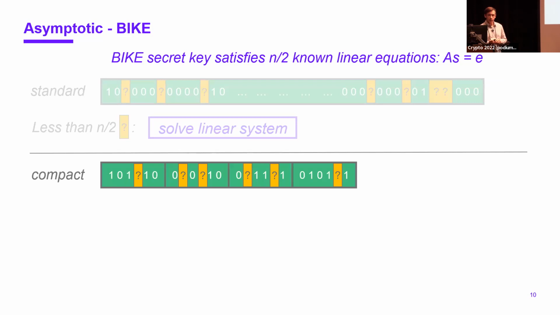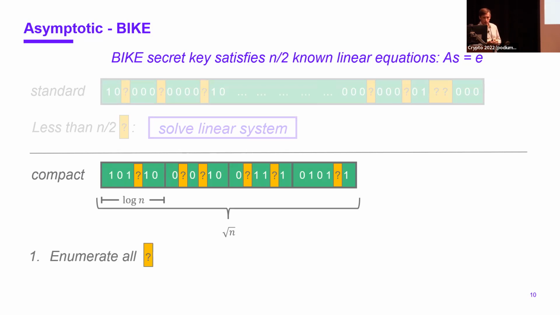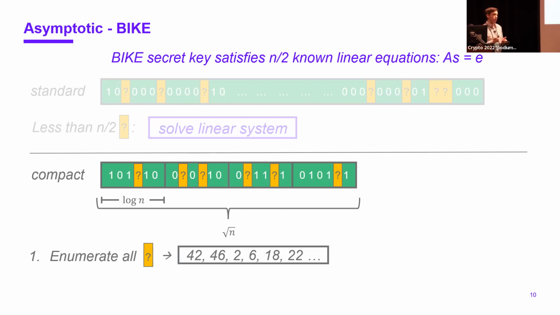Maybe more interestingly, in the compact case, as we said, it encodes the one positions of the secret key. So we have these blocks of size log n, which encode one index where the secret key is 1. And then we have square root n of many of them. Now our attack first enumerates the erasures per block, which gives you a list of candidates where the secret key might be 1.